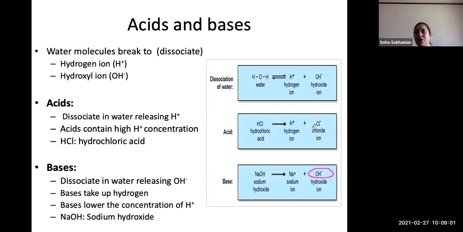It all has to do with how much of the hydrogen ion or hydroxyl ion you release. If I'm releasing a huge number, like literally millions of hydrogen ions into a solution, that's considered a very strong acid. If I'm releasing very little hydrogen ions, that's called a weak acid. If I'm releasing huge numbers of OH negative, what would I call that?